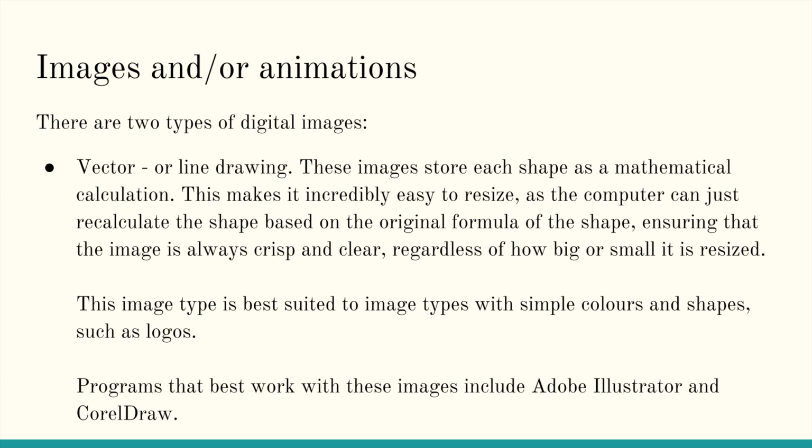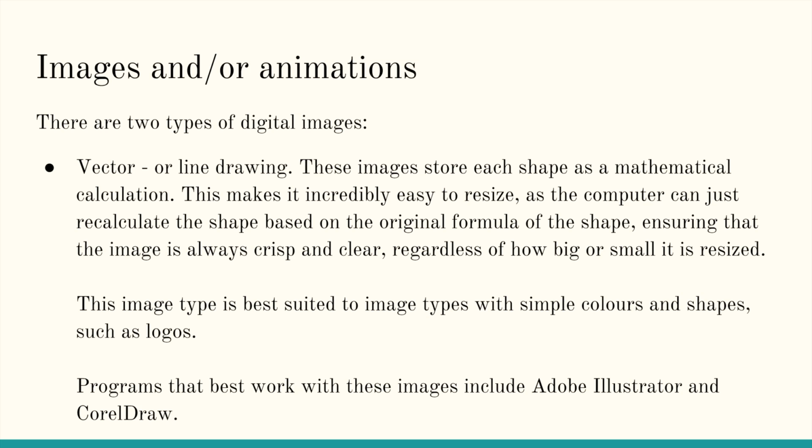The other advantage with vector is file size. Generally vector images are less complicated than raster images, which means they have a smaller file size. If you imagine a line that is 100 pixels long, then in a raster image it would need to store the values of each of those pixels, even if they're all the same color.